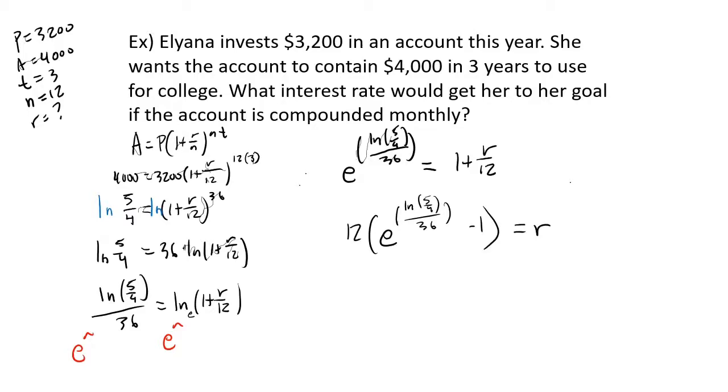It turns out for this problem that r is going to be, let me check, 7.46% if you plug that into the calculator. So just another way of solving that problem. I don't know that that's preferable to taking the 36th root of both sides, but this is another way we can use logarithms to solve.